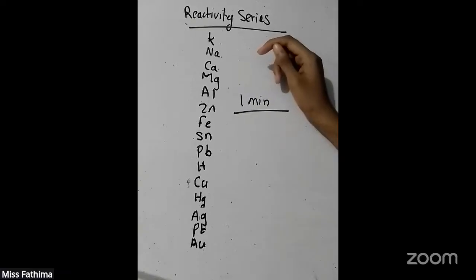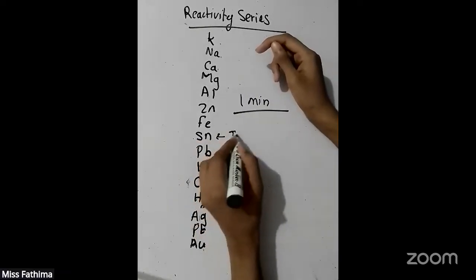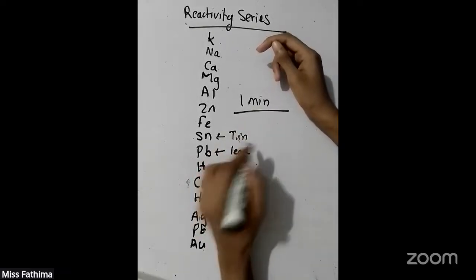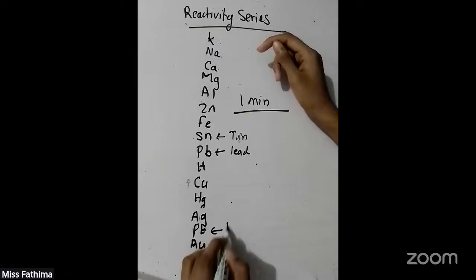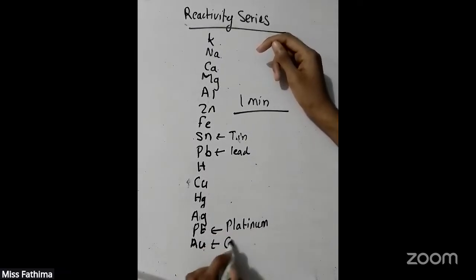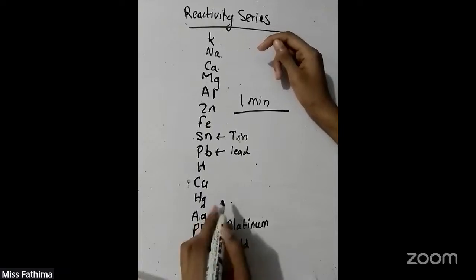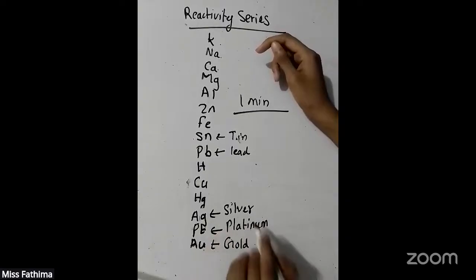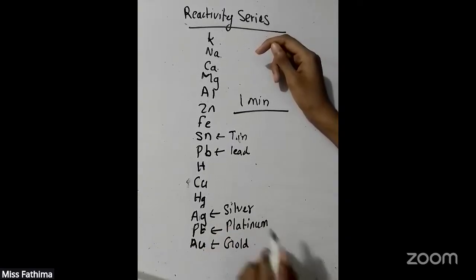This is tin, and this is lead. Then this is platinum. This is gold. This is silver. So throughout the lesson, you have to use the reactivity series. So make sure you have memorized that, children.